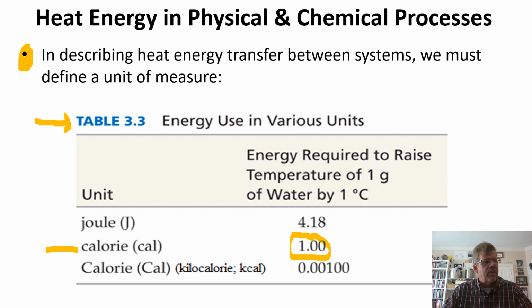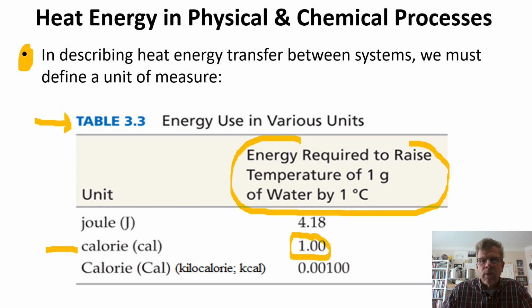Somebody originally had to set up a yardstick. 1 calorie equals what amount of energy having to flow from one part of a system into the other. And the yardstick in this case would be the amount of energy, which we would consider as heat energy, required to raise the temperature of 1 gram of water, has to be water, by 1 degree Celsius.